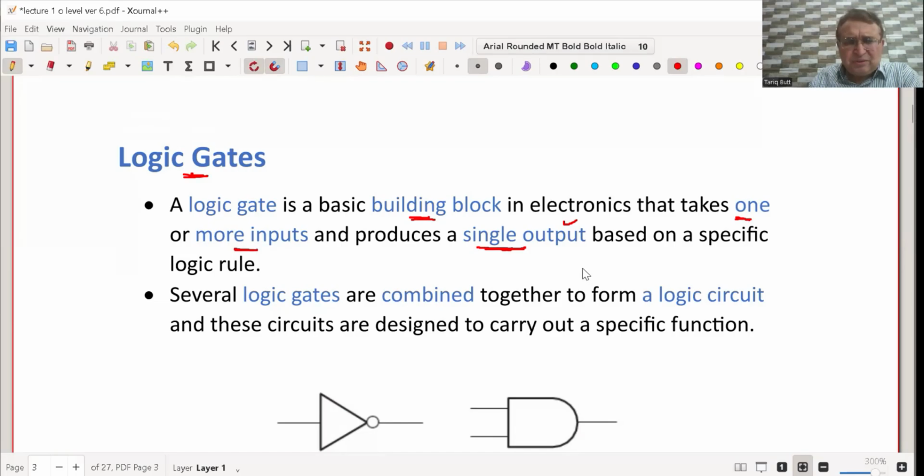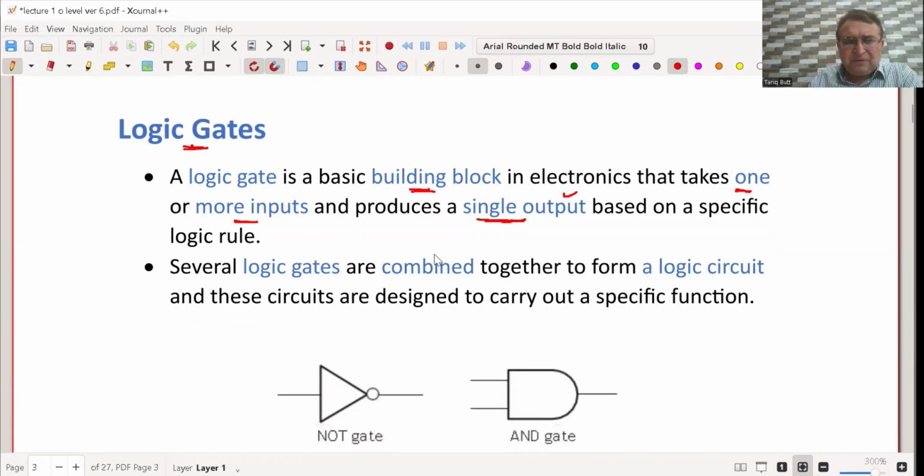And based upon certain rules that we will discuss when we go through different types of logic gates, fine. And after covering logic gates, we'll connect various logic gates and combine them to form different logic circuits, which can perform various functions like addition of numbers or subtraction of numbers or multiplying them and so on.